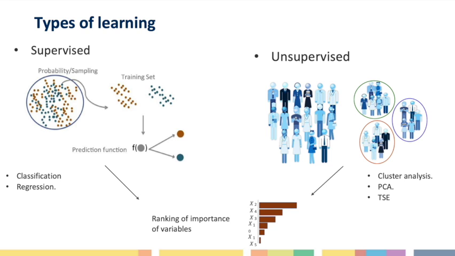Regarding the types of learning that we can find in machine learning and data mining specifically, they can be classified in two. The first one would be supervised and unsupervised analysis. In supervised analysis, the main characteristic is that we have a variable that's of interest.